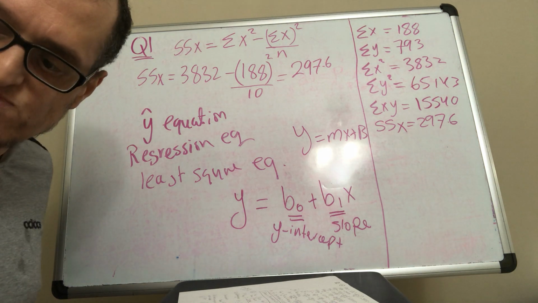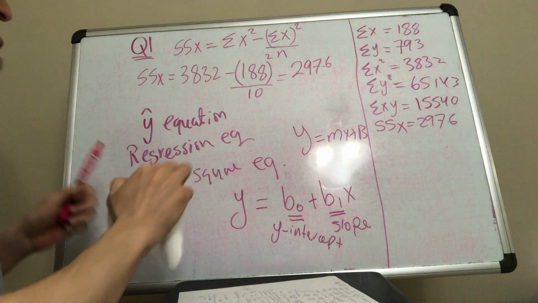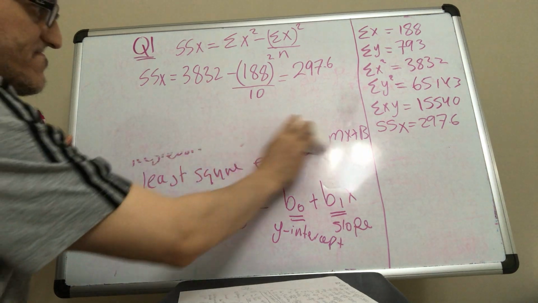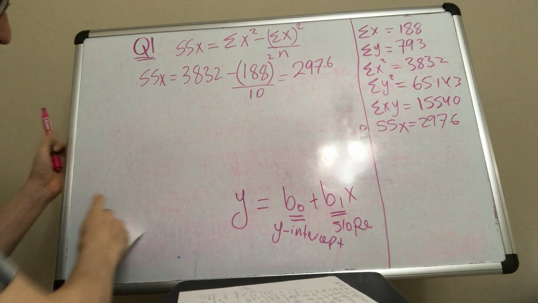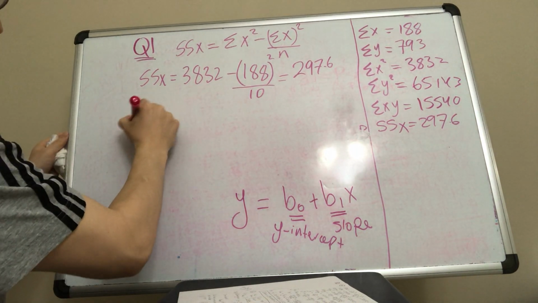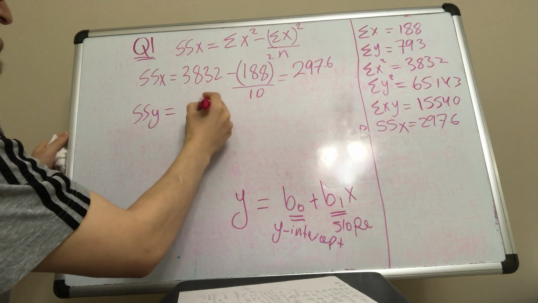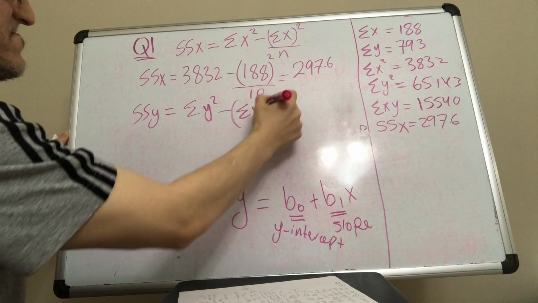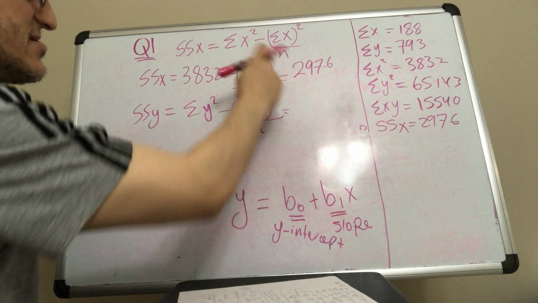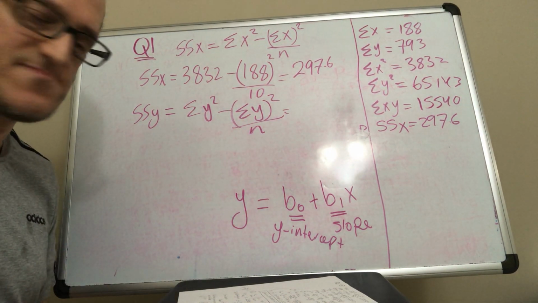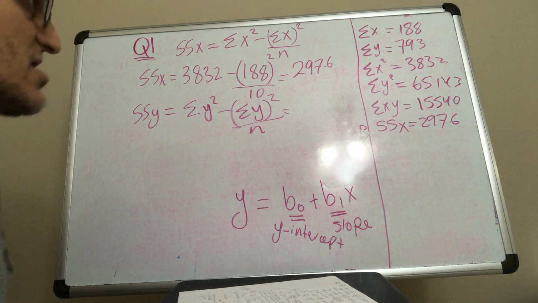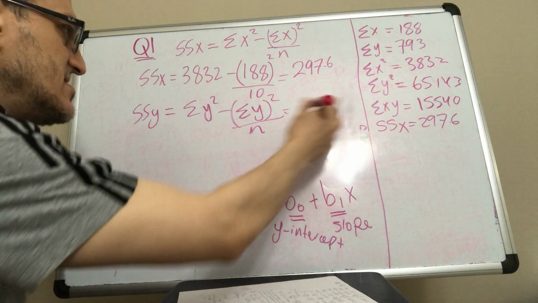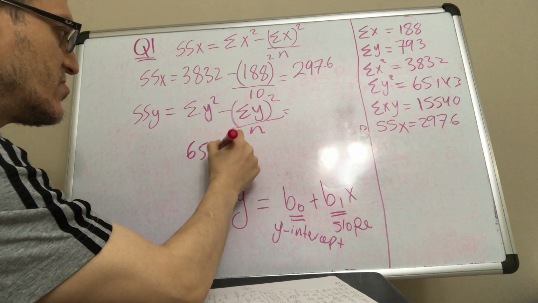You're also going to need to find the SSY, which is the sum of y squared minus the sum of y squared over n. It's the same formula, but in terms of y. Sum of y squared is the 65143.